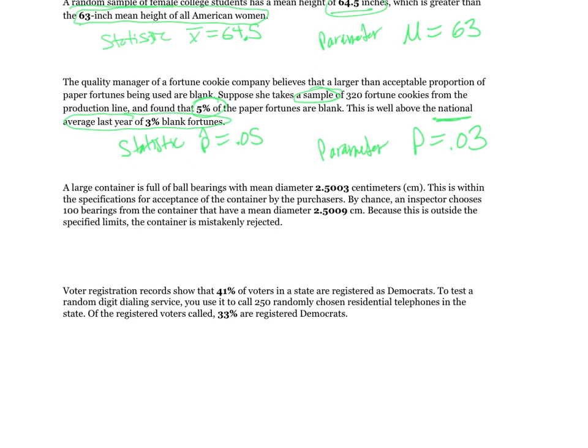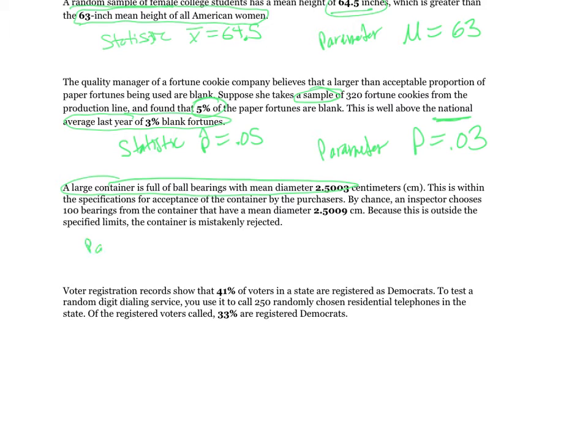Then we have a large container full of ball bearings with a mean diameter of 2.5003 centimeters. This is within the specifications for acceptance of the container by the purchasers. By chance, an inspector chooses 100 bearings from the container, and they have a mean diameter of 2.5009 centimeters. Because this is outside the specified limits, the container is mistakenly rejected. So 2.5003 is the actual mean of the ball bearings in the container.